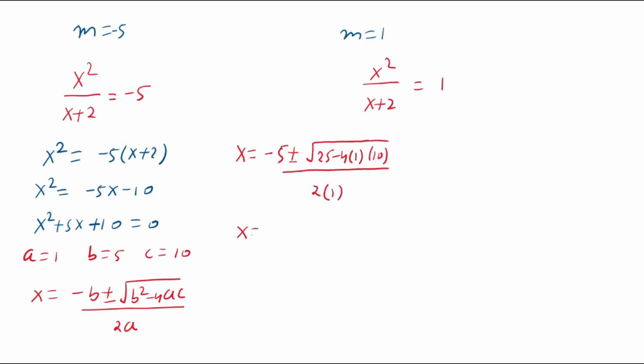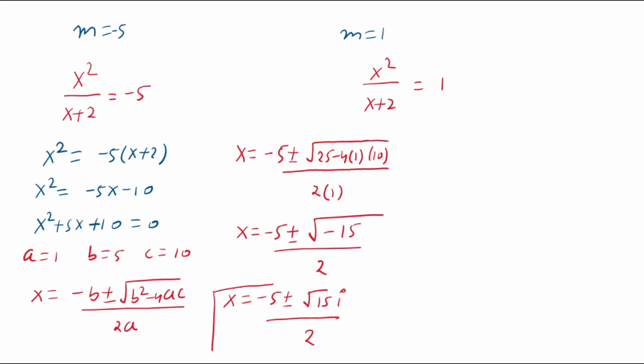Then x is equals to minus 5 plus minus square root of 25 minus 40, that is minus 15 divided by 2. Then x is equals to minus 5 plus minus square root of minus 15 is same as square root of 15 times iota divided by 2.